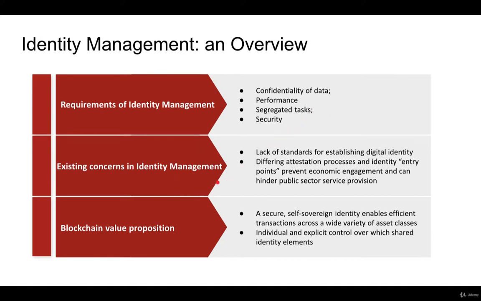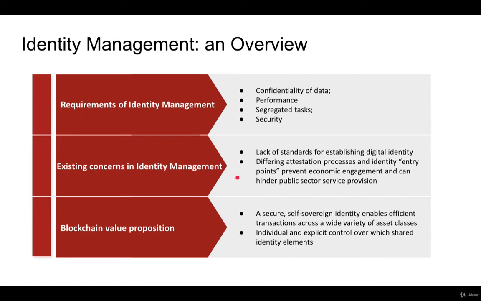Then, what are the existing concerns in identity management? Typically speaking, today, there is a lack of standards for establishing digital identity. Every department of the government can store the identity in a different manner. So it is not possible to track a person with their identity from one department to another department of the government. If there are standards put in place, then it will help in government operations.